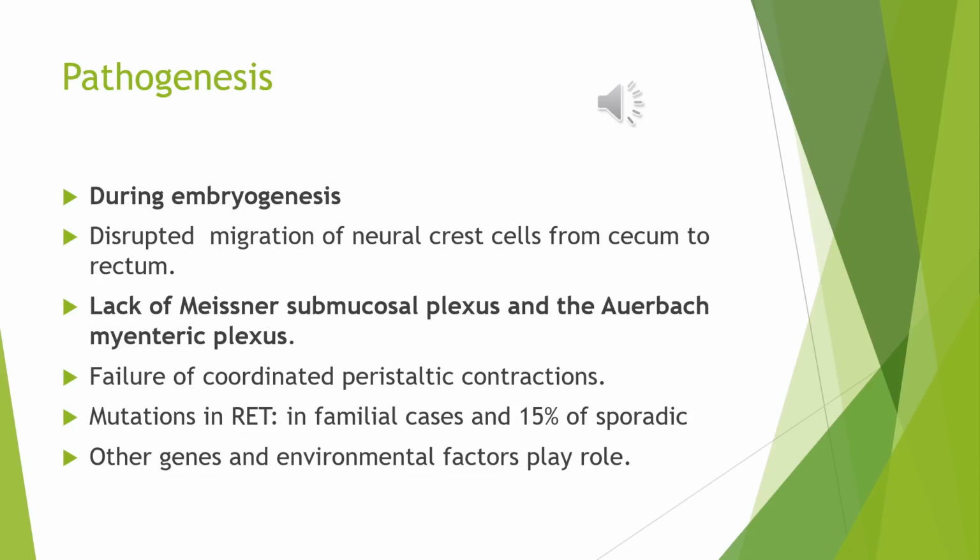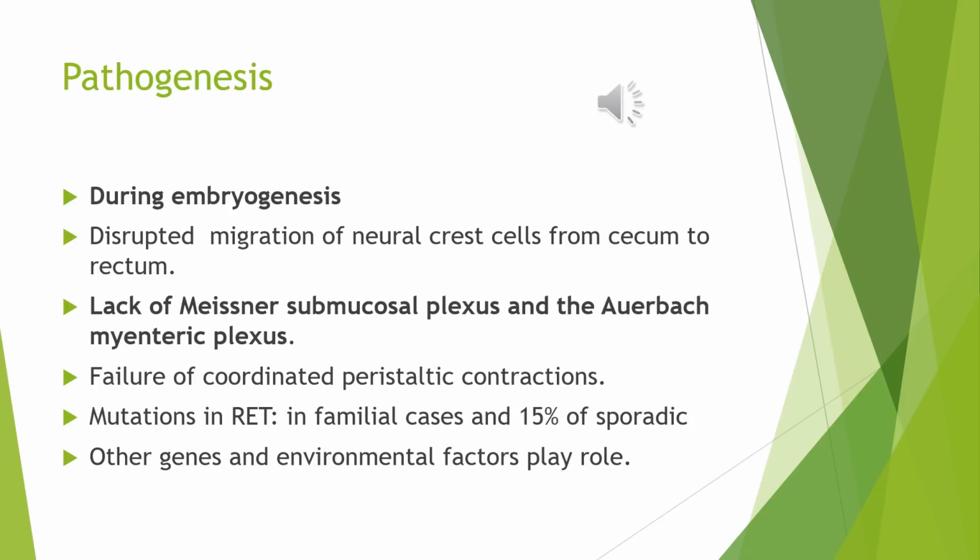However, the length of the affected segment is different from one patient to another according to the severity of the disease. So the end result, due to failure of migration of these neural crest cells, is that a segment of the bowel will have absence of submucosal nerve plexuses and myenteric nerve plexuses. So we will lose the enteric nerve plexus or neuronal plexus at the affected site.